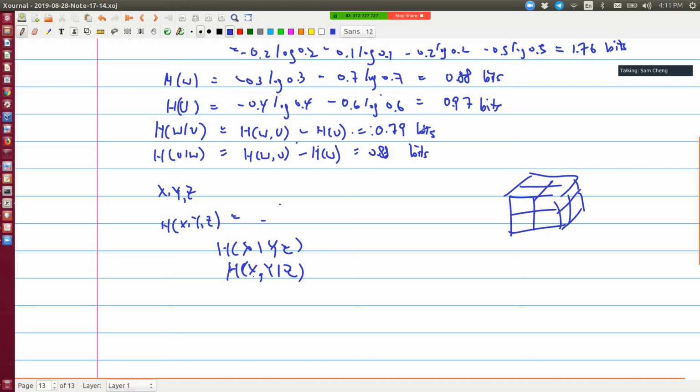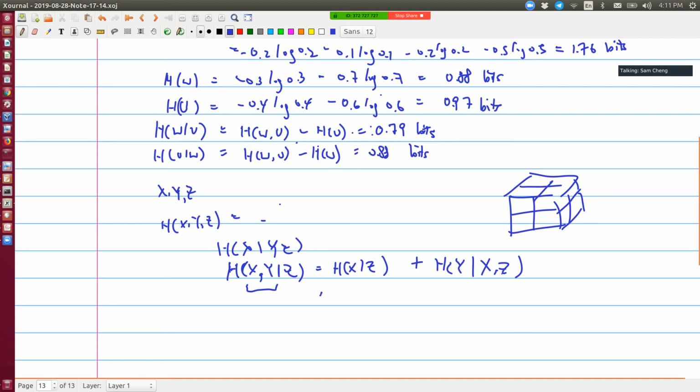Remember, when we have the conditional entropy, there's something of a chain rule here. You can think of this as: what's the information of X, Y, knowing Z? You can just spell it out: it would be the information of X knowing Z, plus the information of Y knowing both X and Z, right?